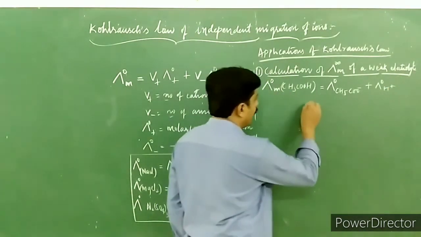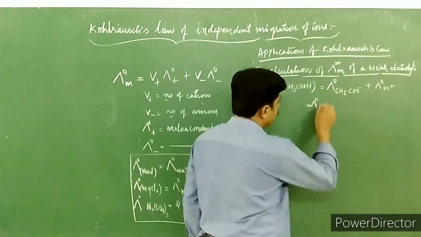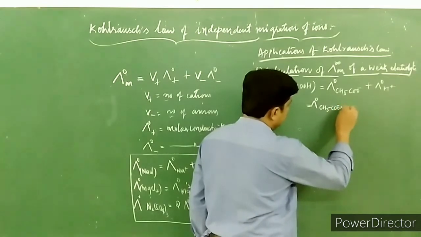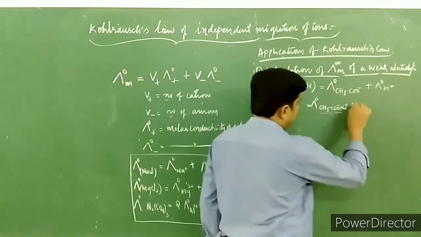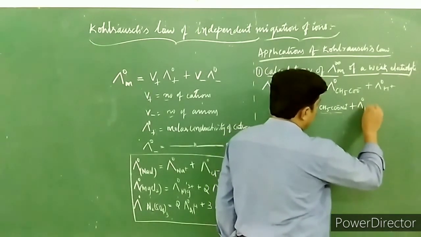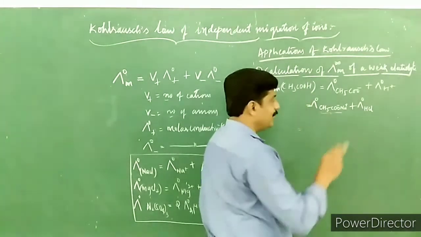Now, how do I get it? Limiting molar conductivity of CH3COO minus Na plus, that is sodium acetate, a strong electrolyte, plus limiting molar conductivity of hydrochloric acid. This is also a strong electrolyte, is it not?